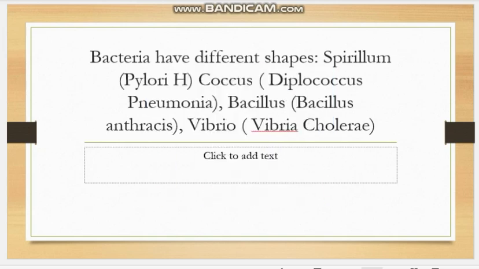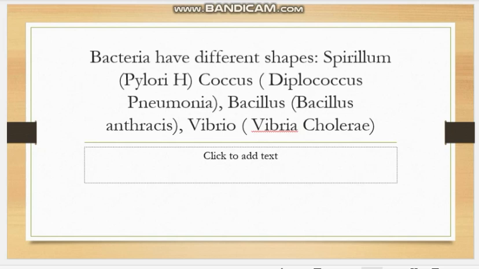And there are different types of bacteria very well known to us, that is pneumonia bacterium, that is diplococcus pneumoniae, then Vibrio cholerae, H. pylori. These are the different types of bacteria we are very familiar with, and some bacteria's names suggest their shape.